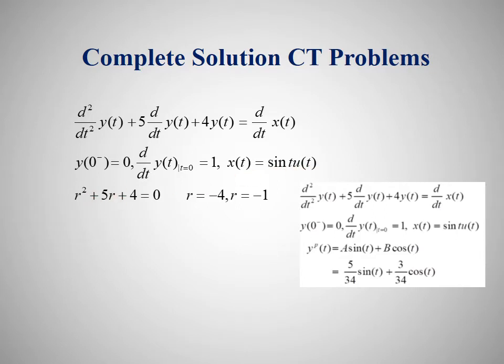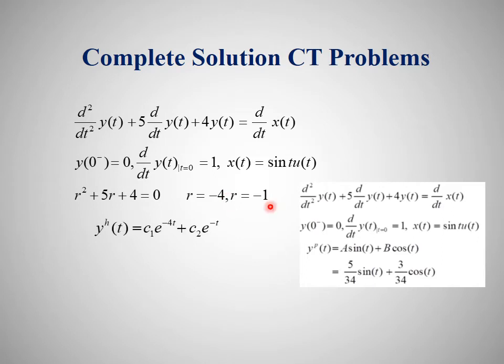Considering this in the characteristic equation form, it could be represented as r squared plus 5r plus 4 equal to 0. Thereby, the roots of this equation are r equal to minus 4 and r equal to minus 1.